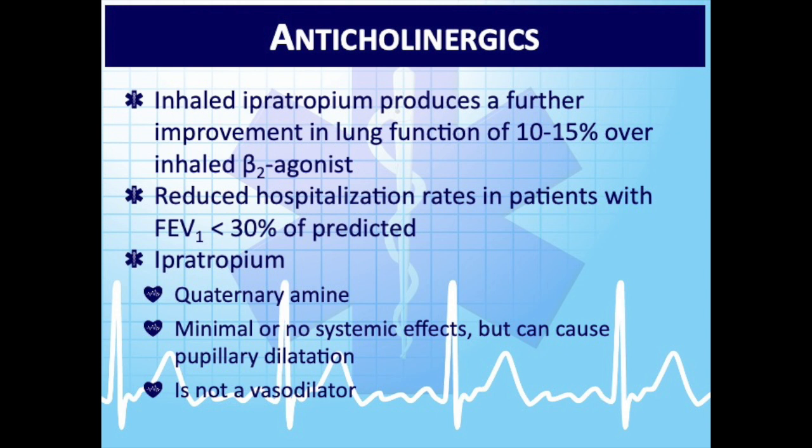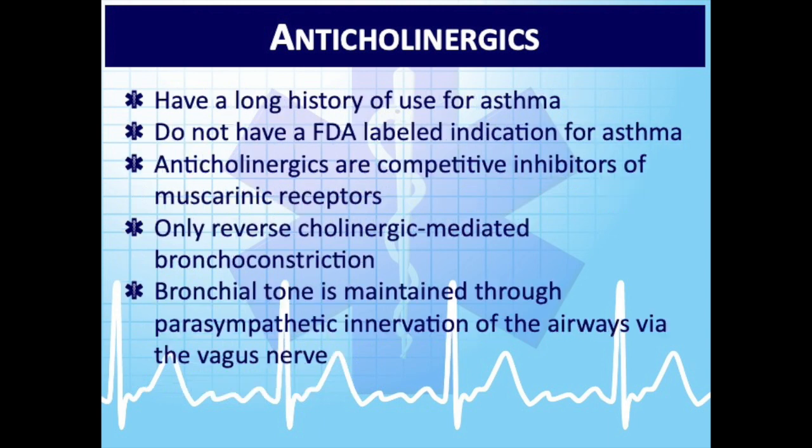It works on the muscarinic receptors, okay? So you'll hear it a lot as an anticholinergic drug. You don't get a lot of systemic absorption of it because it's a pretty big molecule. It has a lot of history for use in asthma, but you probably don't see it used in asthma as much as you do in COPD or COPD exacerbation. It actually doesn't have an FDA labeled indication for asthma itself.